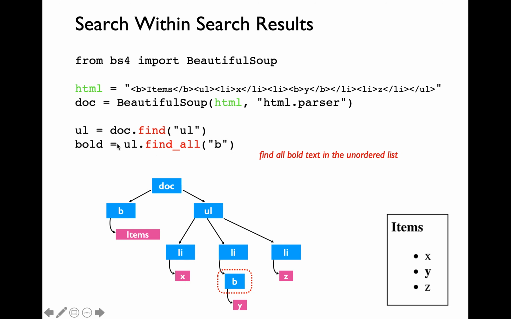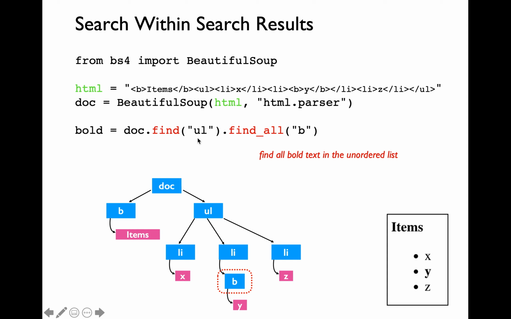You'll be able to use the element that you have already found in order to find child elements within that element. Let's say that you're interested in finding the bold element within the ul element. You can invoke the find_all function using the ul variable by typing ul.find_all, and you need to pass the element name, which is going to be string b, as argument.